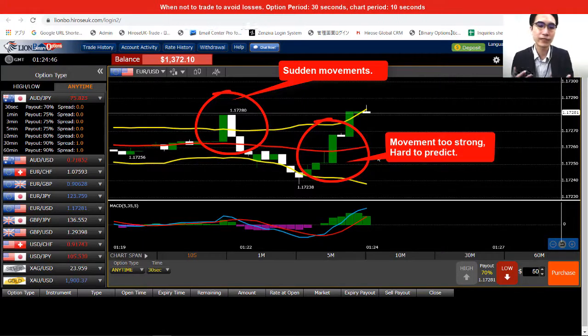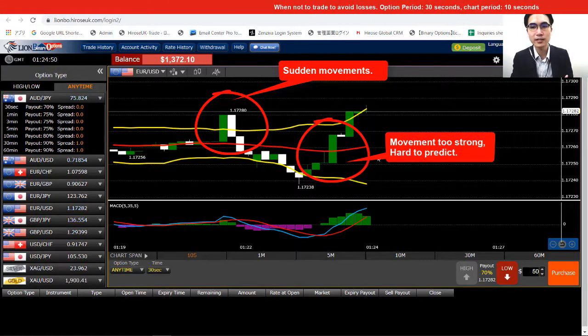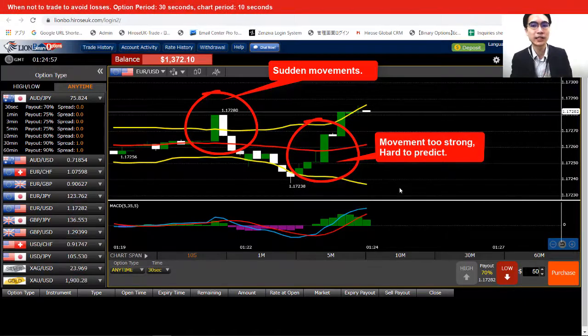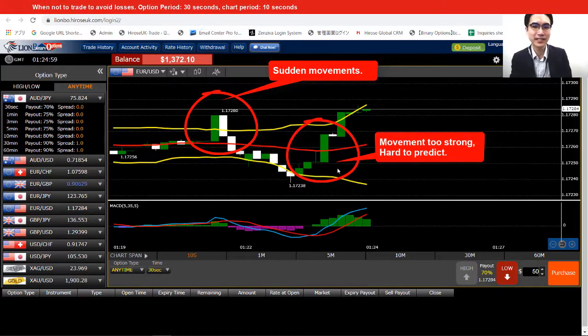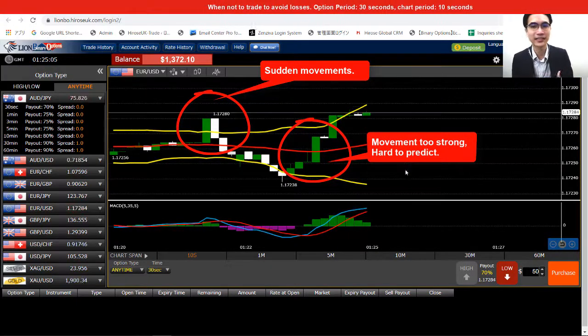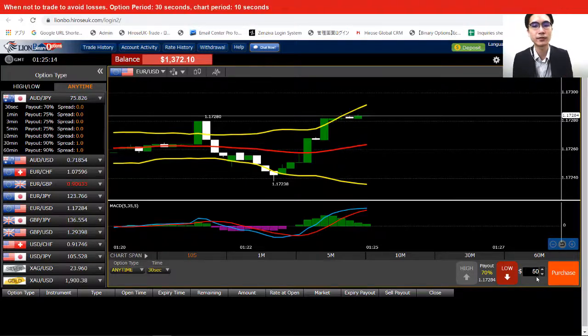If you see candlestick movement like the one I circled here, with a really tiny dodgy candlestick, and right after that a big jump, do not trade, because the market is not stable. If you place a trade there, the next price movement might jump up or fall suddenly. So this is not an ideal market for you to trade with.